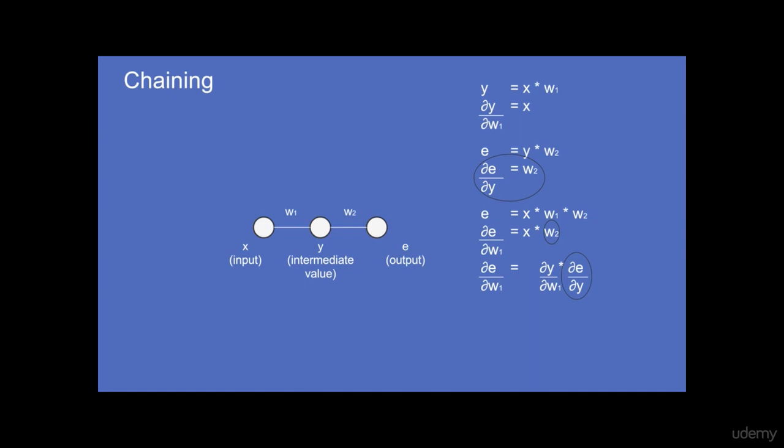So here we have a regular or simple neural network with an input layer, a hidden layer, and an output layer with a weight in between each layer.